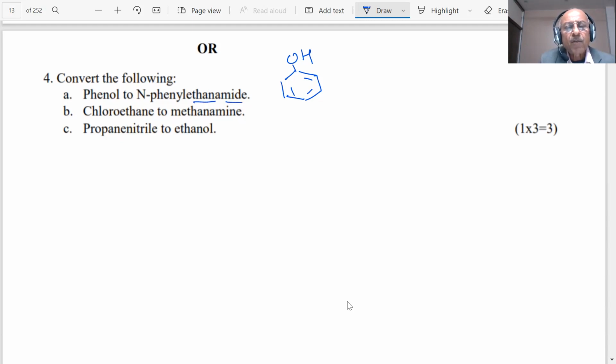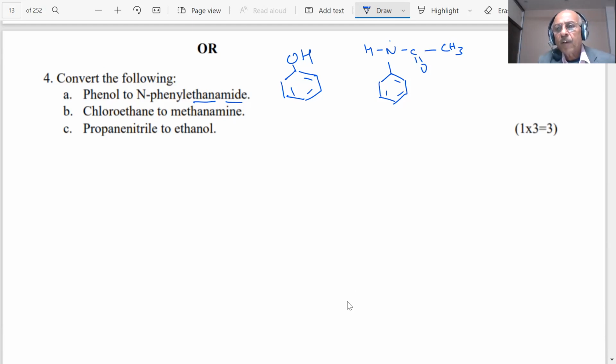Ethanamide, students, N-phenyl ethanamide. So what you have, students, if I have this attached to the nitrogen, N-phenyl, okay? Ethanamide, what will be ethanamide, students? CH3CO, this.